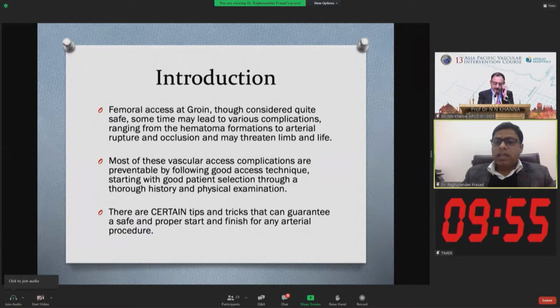Most of these vascular access complications are preventable by just following good access technique, starting with good patient selection through a thorough history and physical examination. There are certain tips and tricks that can guarantee a safe and proper start and finish for any arterial procedure.